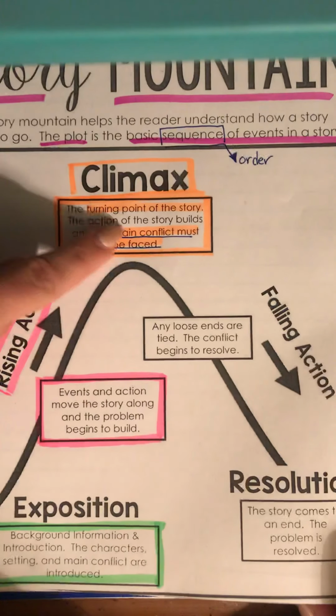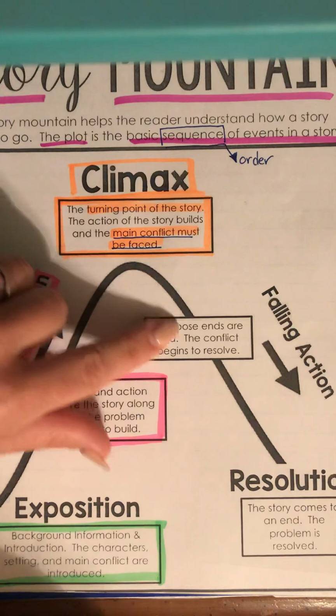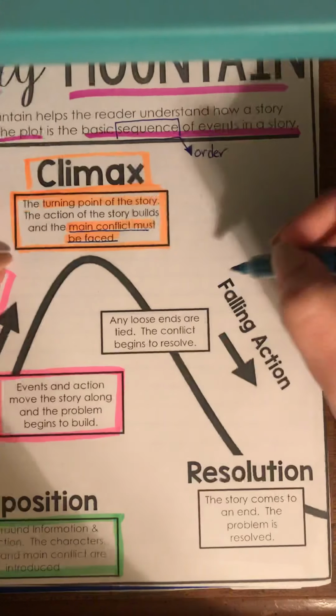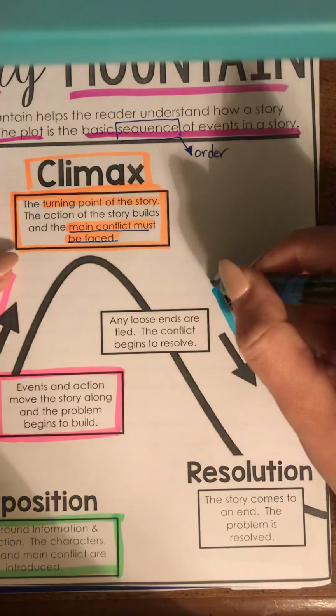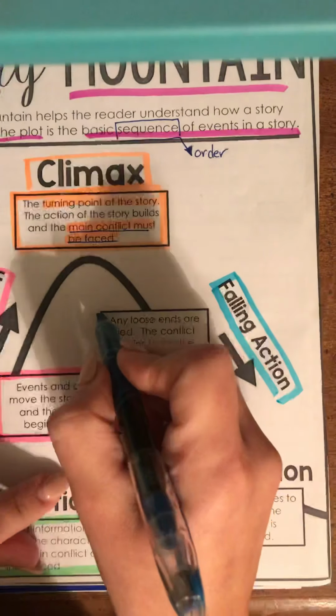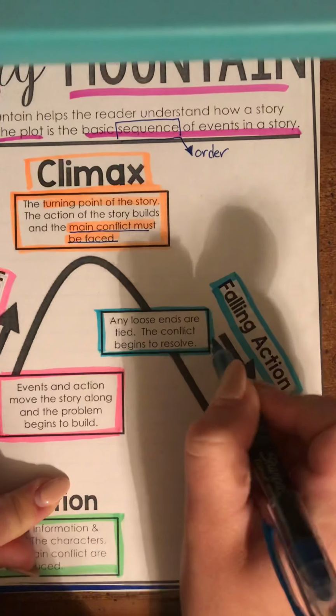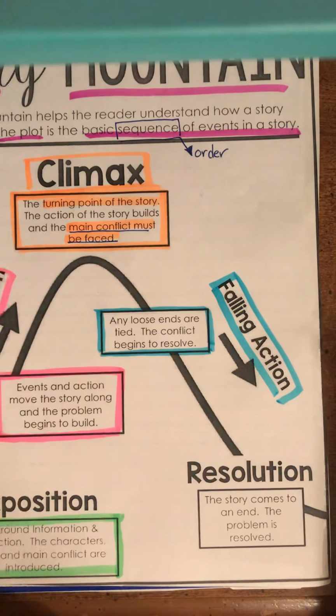Now notice that we're coming down the mountain. As we come down our Story Mountain, we're going to notice that there's a falling action, just like there is a rising action. Our falling action are any loose ends that are tied and the conflict begins to be resolved.